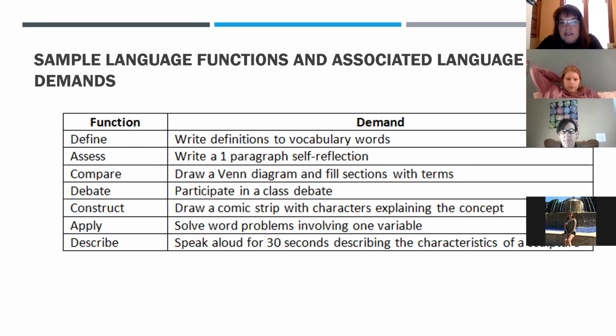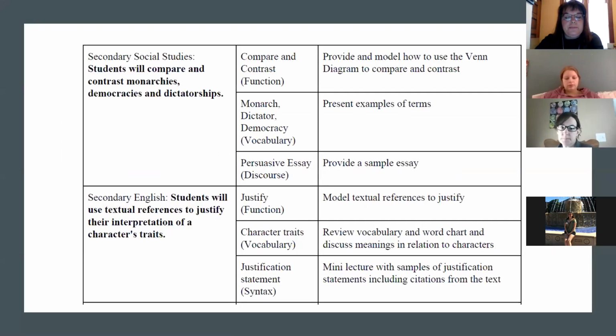Construct a physical Venn diagram. Well, that's her demand. I demanded students to construct this physical Venn diagram. What's my function? My function is compare and contrast, right? That's her language function. She has a video of those kids in that physical Venn diagram to show that they're comparing, right? She can use that as evidence of her assessment.